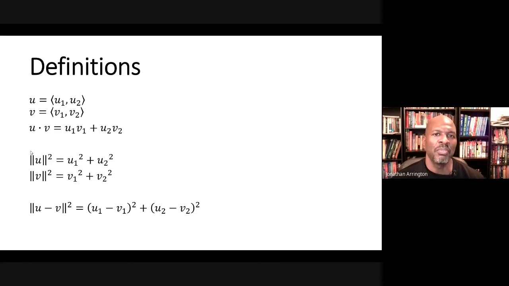And the magnitude of u minus v squared is the difference of the components of those two vectors being subtracted, squared and added. And this, the norm of u minus v squared, is something that we're going to work out on paper. So let's go ahead and work this out and see what we can get from this formula.